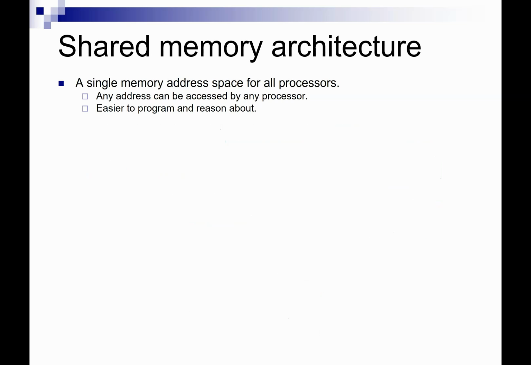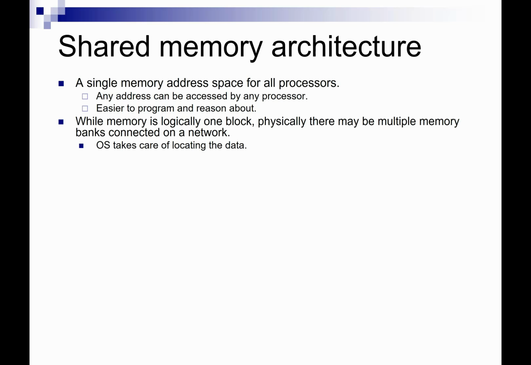This basically means that any address can be accessed by any processor, because all of the memory is in a single address space. The advantage to this is that it makes a program much easier to write and to reason about, because you don't have to think about multiple copies of a data item. There's only a single data item, and it's always in the single memory address space.